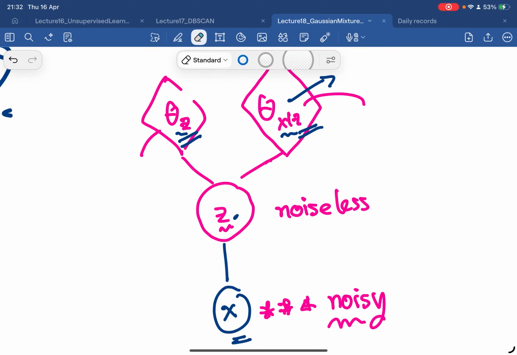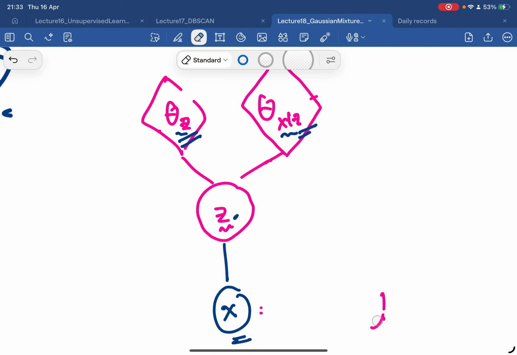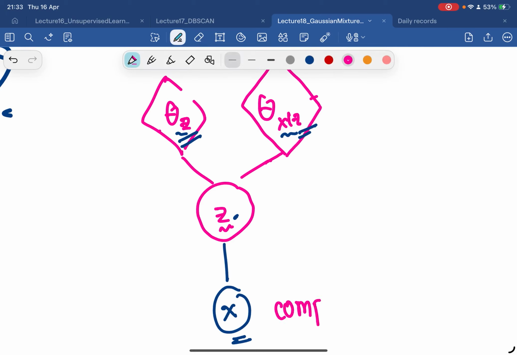What else? Compression task. Let's say you have the data that you want to compress, but whatever you get at the end is your compressed data. I'll just denote this as the original before compression.